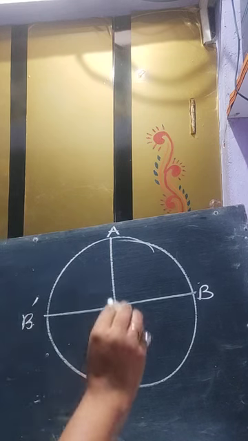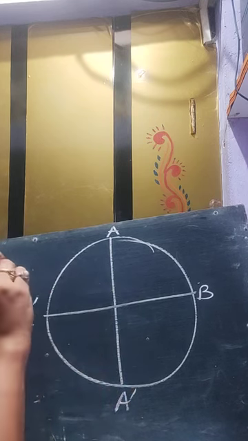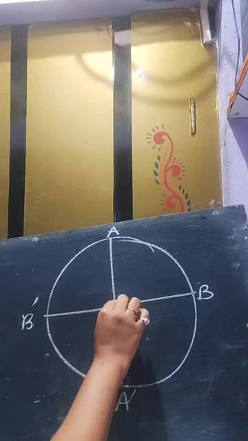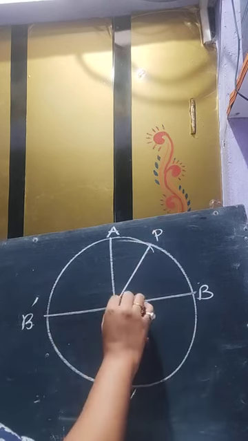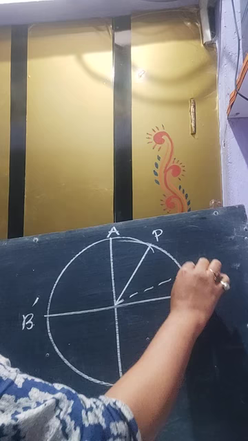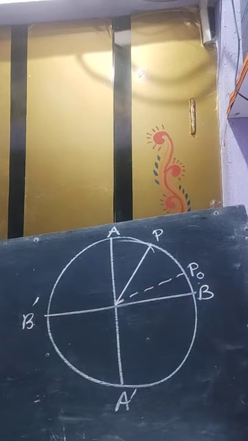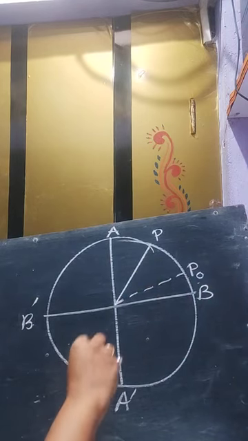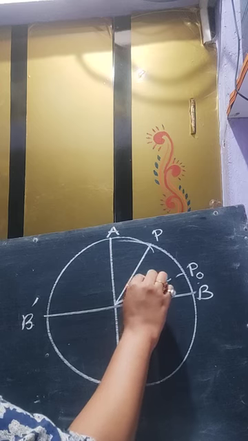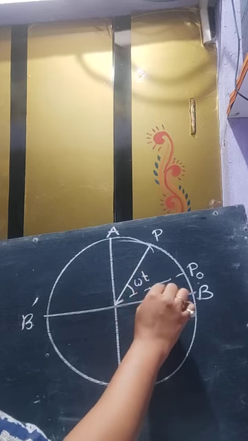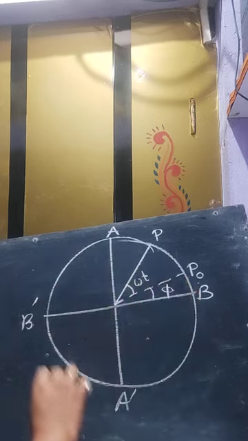Suppose this is P and suppose this is P0. Suppose this is omega t and this is in general phi.